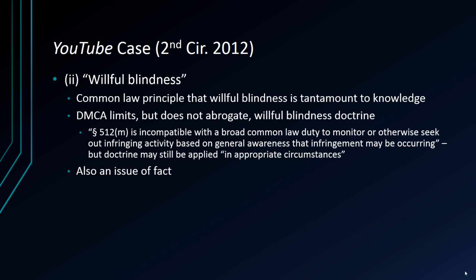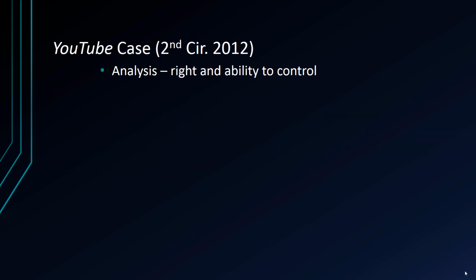And so if the provider has to be constantly monitoring and has some kind of duty of care for a particular kind of monitoring for infringing content, the court says that would really go beyond the whole purpose of the DMCA. So the court punts and says, well, we're really not sure exactly what is required under this doctrine given the DMCA, and we can't decide it on summary judgment. We're going to let lots of facts get developed, and we'll see what happens.